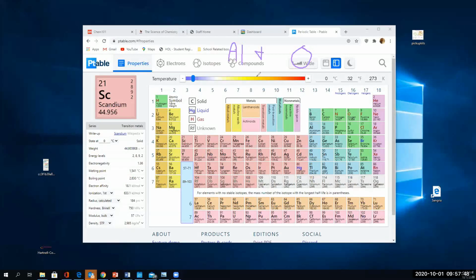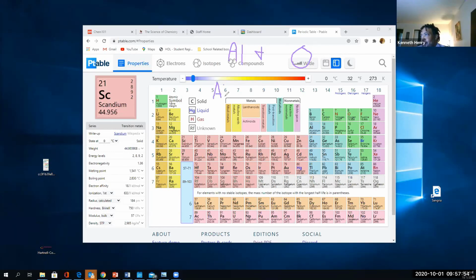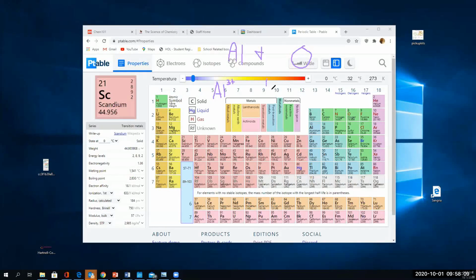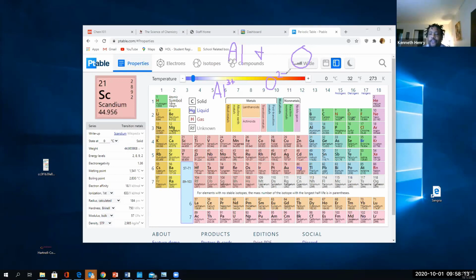Yep. It'd be 3 plus for the aluminum. So it'll be Al 3 plus. Good job, Marie. And then what about oxygen? Negative. 2 minus. So that was a team effort. I couldn't pick out who said it at first, but good job.